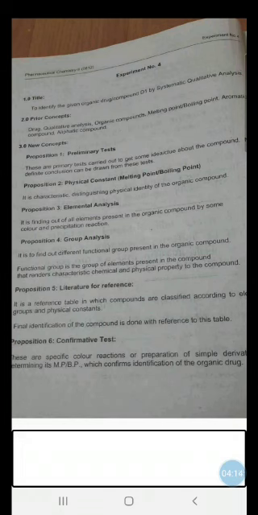Then after confirmation, you can carry out the confirmatory test on the identified compound. If the tests are given in the literature, it's okay. Otherwise, you can go for preparation of simple derivatives of given functional group, and from that also, by finding out its melting point and boiling point, you can confirm the given compound is what you have detected or not.